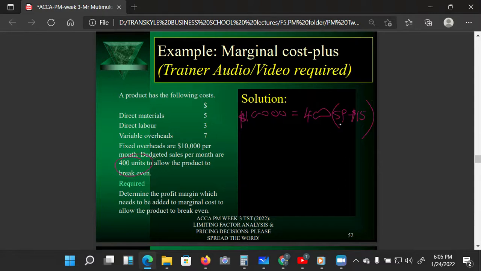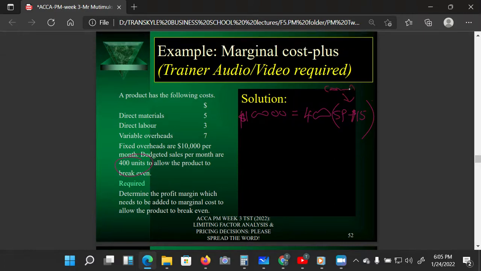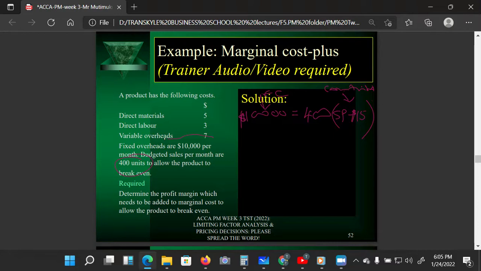Why are we saying selling price minus 15? Because this is the formula for contribution: contribution is equal to selling price minus variable cost. And this one is the fixed cost, the 10,000.